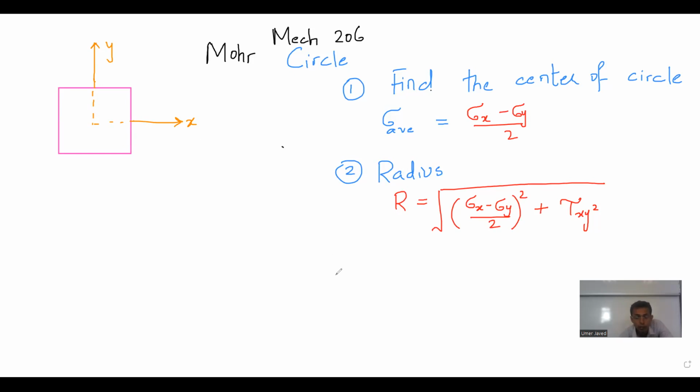Now we have 10 megapascals, let's say in the question, inward. And this is 40 megapascals outward.